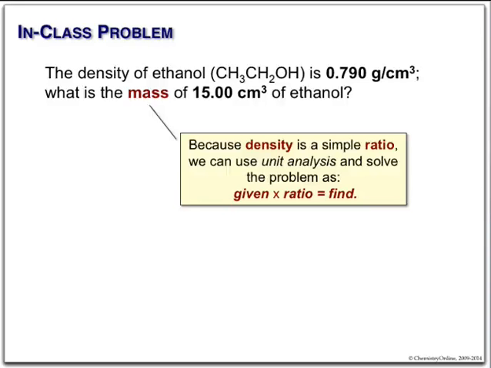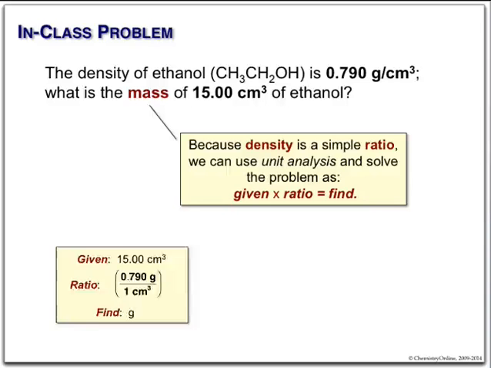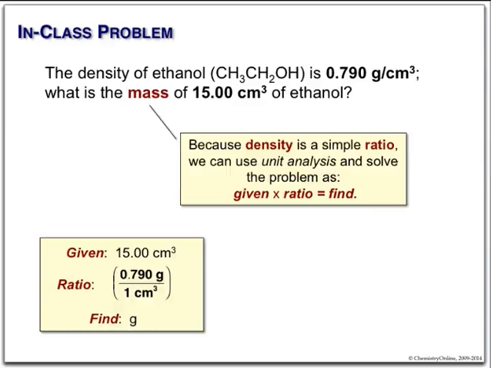Our given here is going to be our 15 cubic centimeters of ethanol. Our ratio is simply our density, 0.79 grams in 1 cubic centimeter. And of course, we're trying to find the mass, which will be grams.